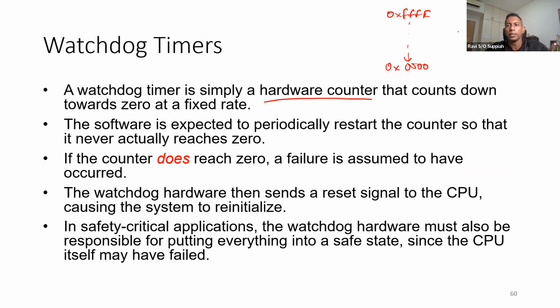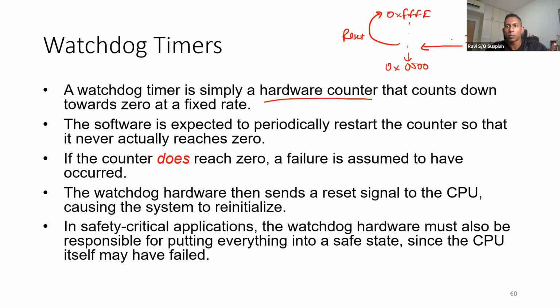So there will always be an interrupt that runs periodically to reset it back. Whenever the interrupt comes in, I'll go and reset the timer back to the top. So the idea is if I'm able to execute interrupts, I'm able to execute code, then there is still some functionality of the system.